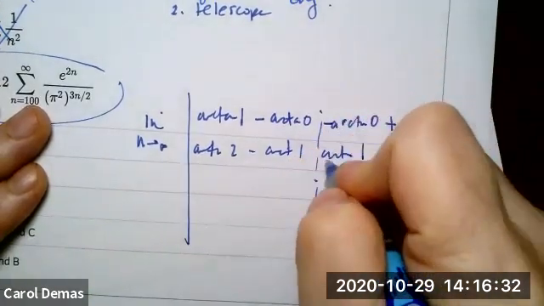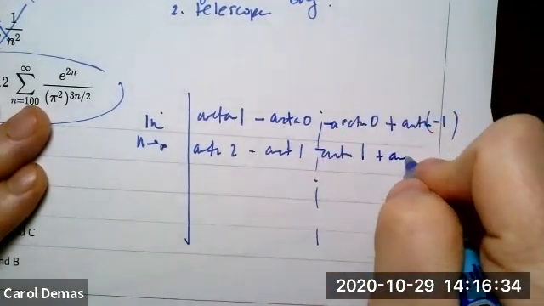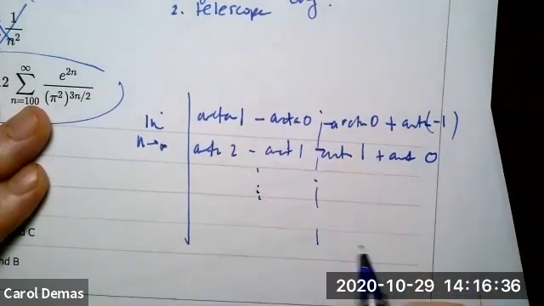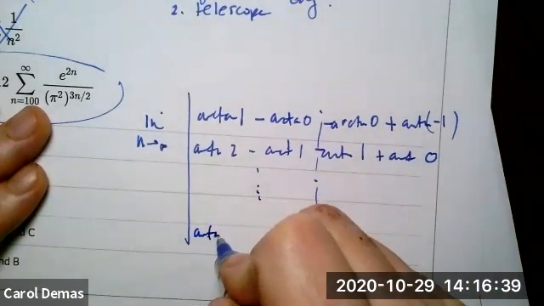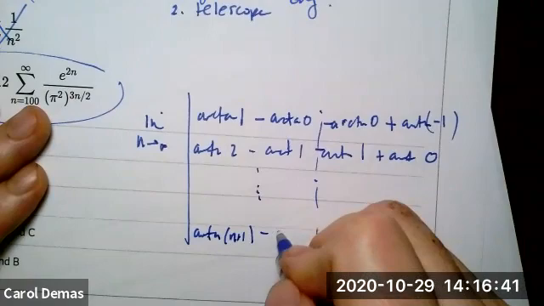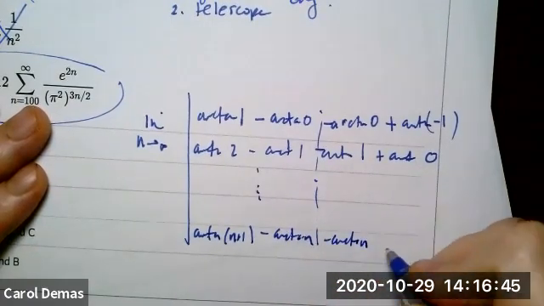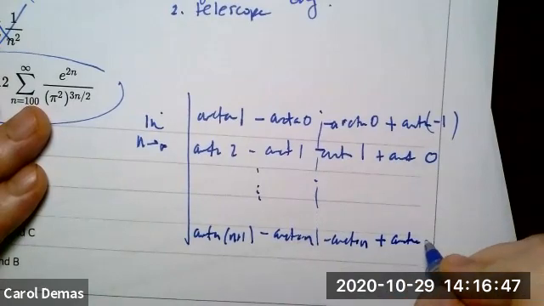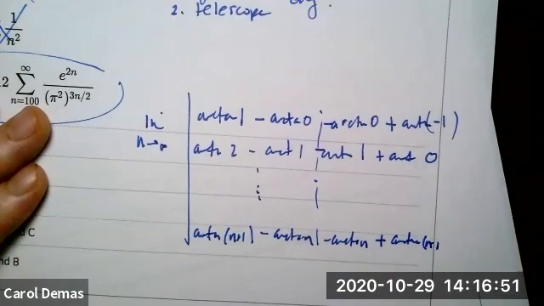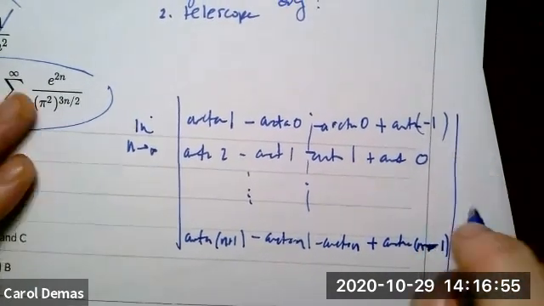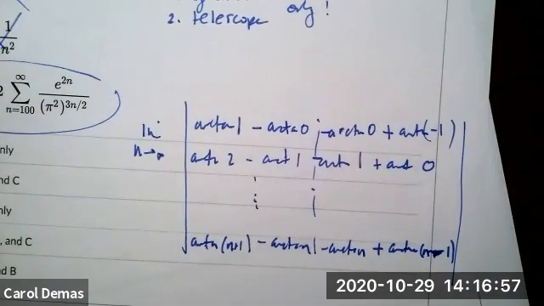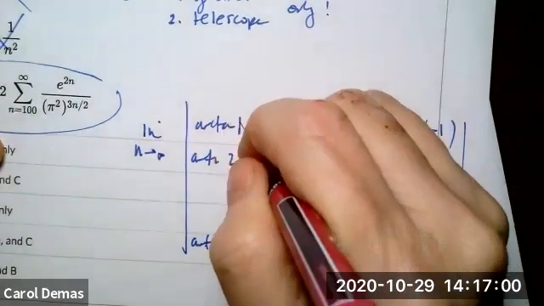Oh, this is also a negative sign, negative plus arctan 0, dot, dot, dot, all the way down to arctan n plus 1 minus arctan n minus arctan n plus arctan n plus n minus 1, sorry, minus 1. All right, if you can read my chicken scratch. We're going to cross out the terms.